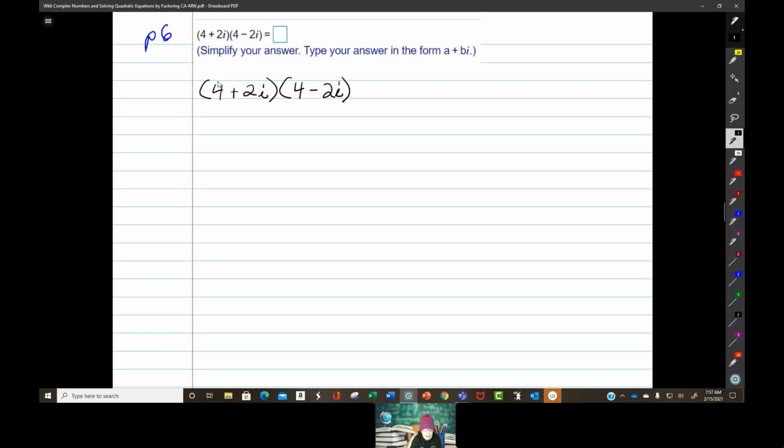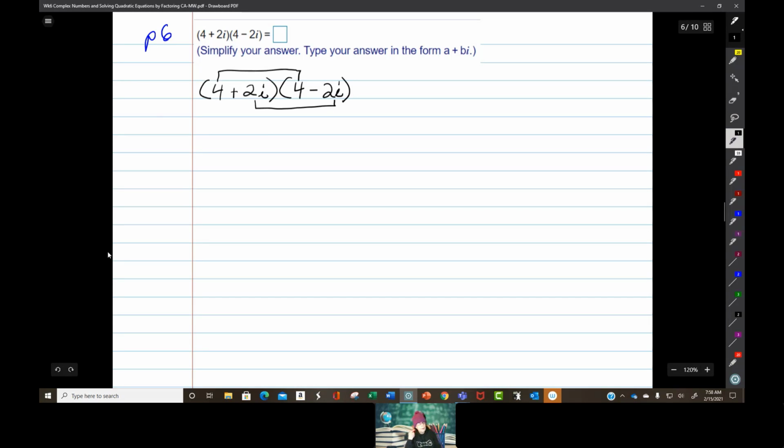Notice that the first numbers in each set of parentheses are exactly alike, and the second numbers in each set of parentheses are alike, and you have opposite signs in the middle.